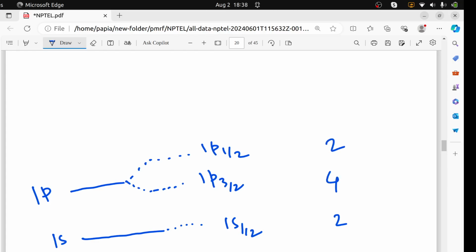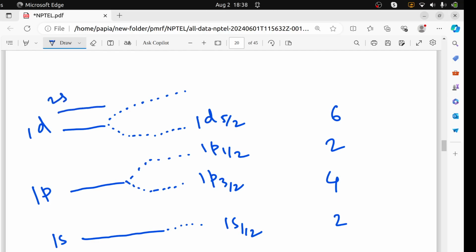Now coming to 1d. For the 1d case it is 1d5/2 and the maximum number is 6. Then the 2s is also coming here, so let me write 2s1/2, which is 2, and 1d3/2, which will give us 4.